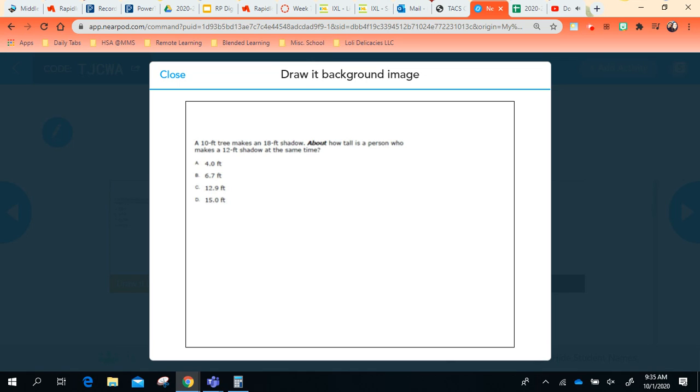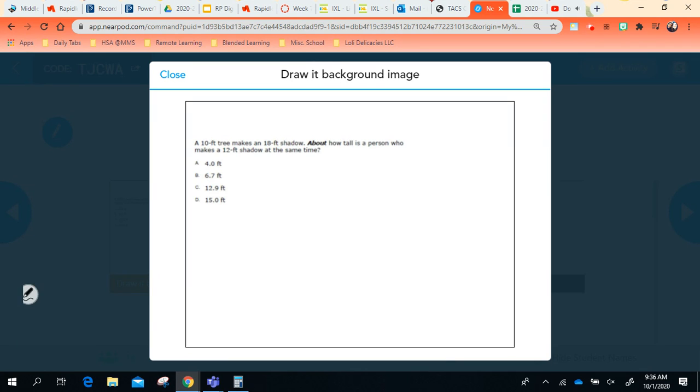Okay, so the next one says, a 10-foot tree makes an 8-foot shadow. About how tall is a person who makes a 12-foot shadow at the same time? So this is going to look like the problems that we did yesterday. So let's start it and see how far we can get.